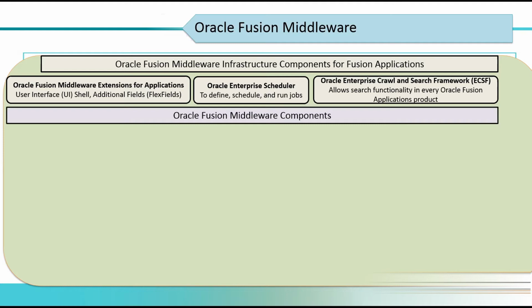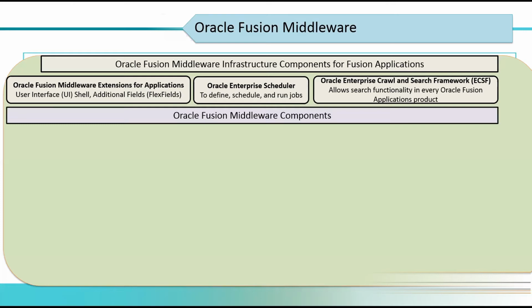If someone asks you, go ahead and create the user, you don't know the navigation. You don't know which screen to go to, which menu, or which sub-menu. You don't know the flow. In that case, you can go to the Enterprise Crawl and Search Framework page, which comes in the Functional Setup Manager. Go to that page, write the statement create user, and enter.